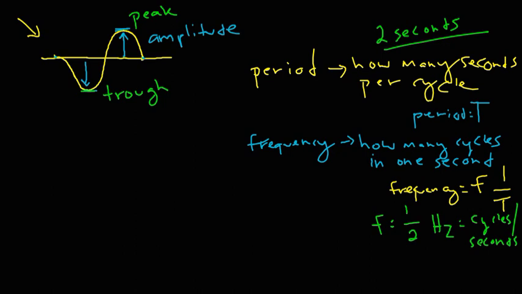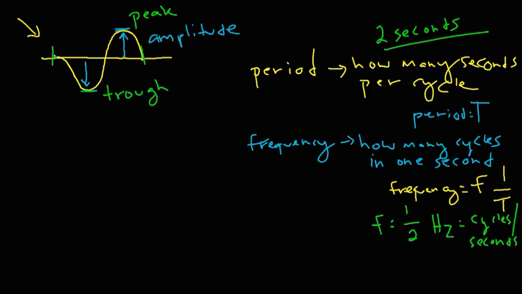If it takes 2 seconds for this wave to go from here to there, the frequency of that wave is going to be 0.5 hertz because it can only go 1/2 of a cycle within a 1 second time frame. The frequency is always within that 1 second time frame.